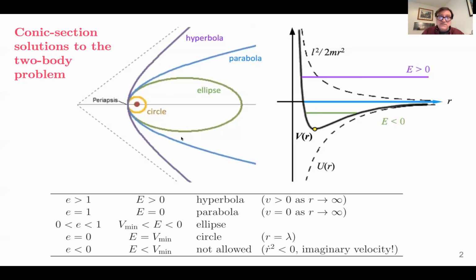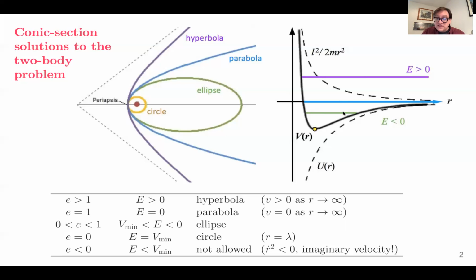For the ellipse, that's just as you go between the distance of closest approach, the periapsis, to the distance of furthest approach, the apoapsis, or perigee, apogee if it's the Earth, perihelion, aphelion if it's the sun. You know these different terms. But it's a finite range.